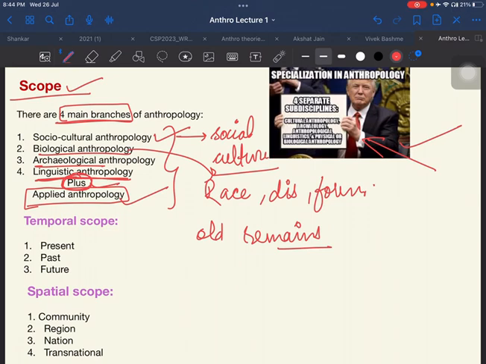Okay, now after this, we will see the temporal scope of the subject. Temporal scope means the time scales at which we study anthropology. So it covers all the time phases: present, past, and future. For example, what was in the past, our ancestors, how we emerged, how the origin of the human race took place.